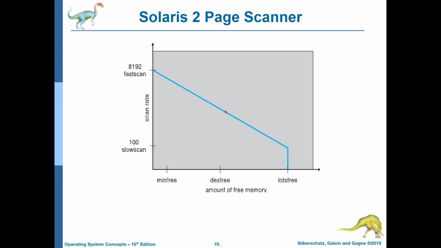But as the amount of memory increases, the number of times the page out is called or is triggered decreases, until it actually gets to the point where this particular threshold is passed. When there's enough free memory, then page out isn't even called, because why free up things when there's plenty of free memory available?